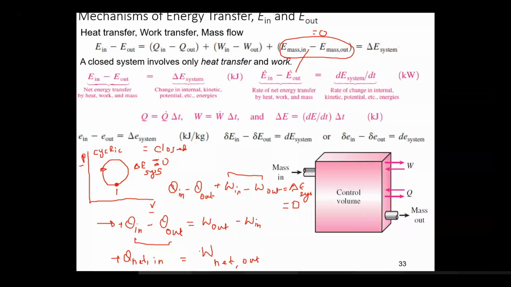Similarly, I am writing the difference of work out minus work in as work net, and I am writing out in the subscript since work out also has a positive sign over here. Is the point clear to you? Yes, sir. Anybody who has a doubt?